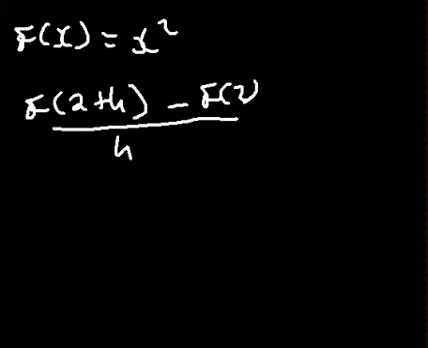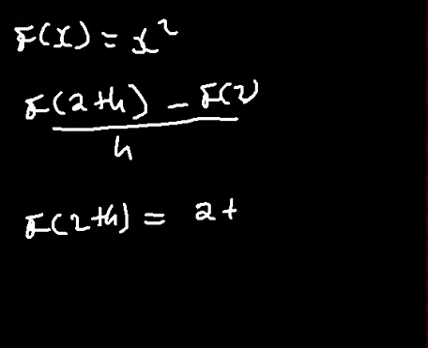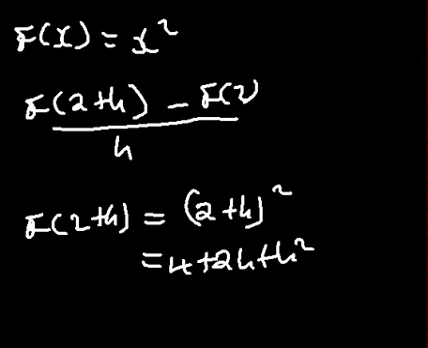So what is f of 2 plus h? In this case we'll have it as 2 plus h to the power 2. So what is that one? Now we have it as 4 plus 2h plus h squared upon expanding that one. And what is f of 2? We have it as 4.